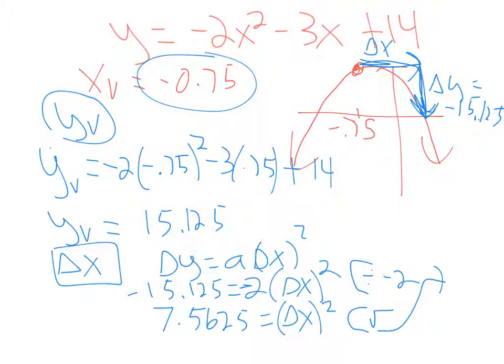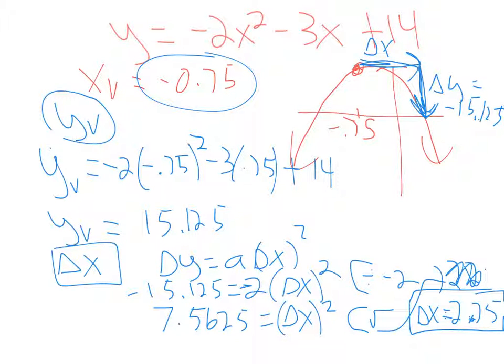Okay, so about 2.75. Let's write that down. Delta x equals 2.75. But again, you can go to one decimal place, you don't have to do this. So 2.75 is delta x.